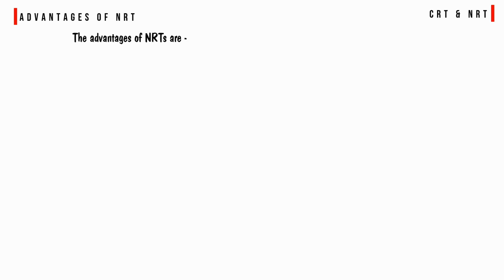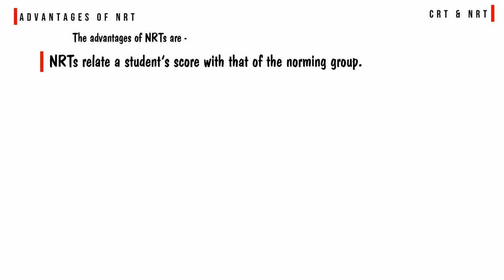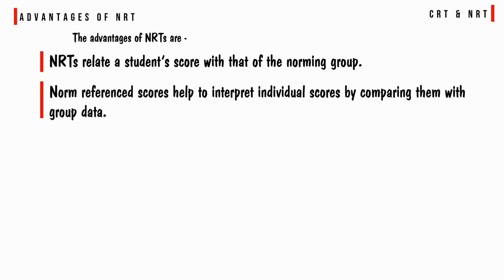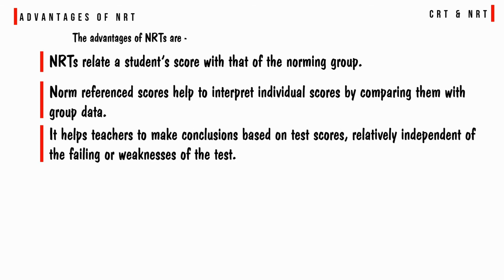Advantages of norm-referenced tests. The advantages of NRTs are: NRTs relate a student's score to that of the norming group. Norm-referenced scores help to interpret individual scores by comparing them with group data. It helps teachers to make conclusions based on test scores relatively independent of the failings or weaknesses of the test.